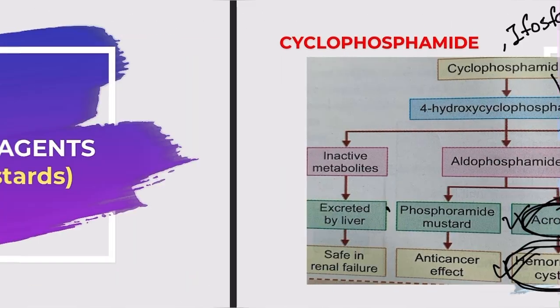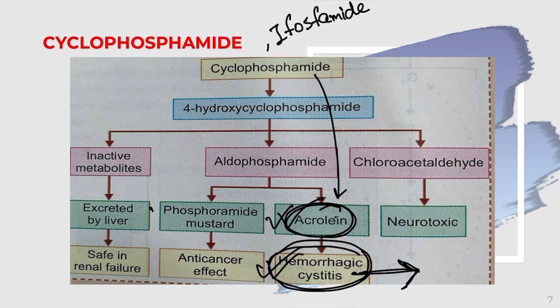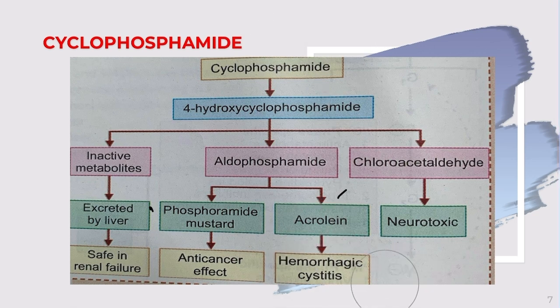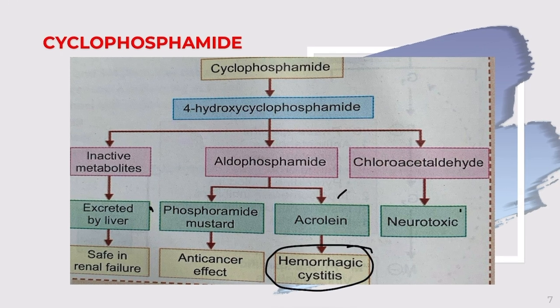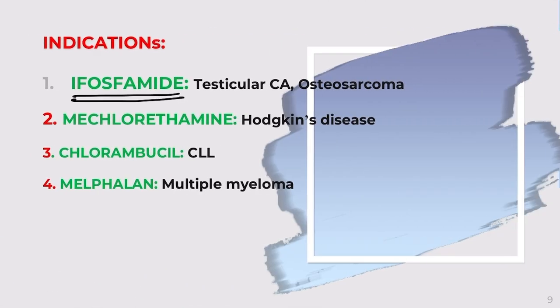Okay, come to this slide, and here you can see cyclophosphamide causes hemorrhagic cystitis and also neurotoxicity. So two side effects of cyclophosphamide, hemorrhagic cystitis and neurotoxicity. These same side effects are also seen with ifosfamide.